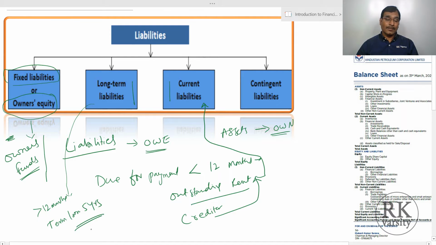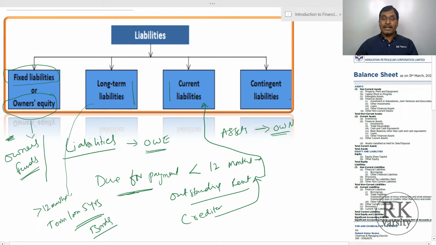Suppose a company issues bonds, this is again a long-term liability. The differentiation between current and non-current is that we have to see when the payment is going to be made, within 12 months or after that. Based on that, we decide whether this is a long-term or a short-term liability.